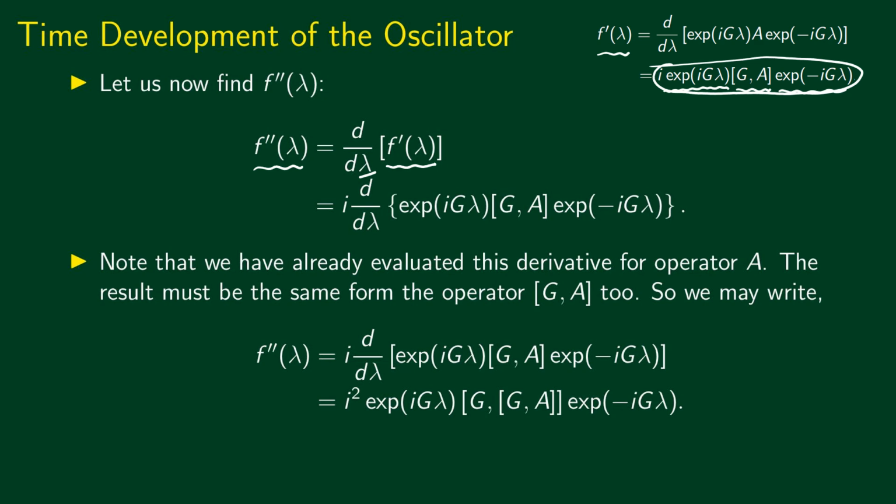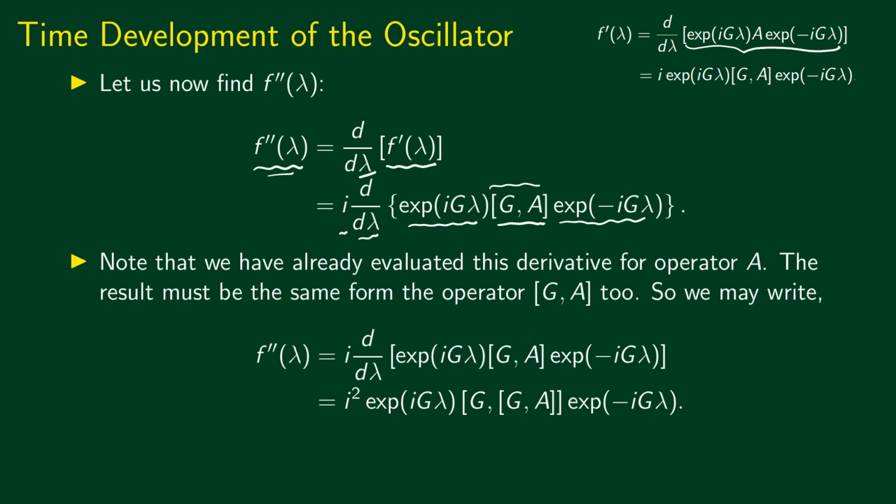Okay, so we have f double prime of lambda is equal to i times the derivative with respect to lambda of exponential ig lambda, commutator of G with A, which is some operator, multiplying exponential minus ig lambda. Now if you look at this, this is exactly of this form. Earlier we found the derivative with respect to lambda of exponential ig lambda, some operator, exponential minus ig lambda.